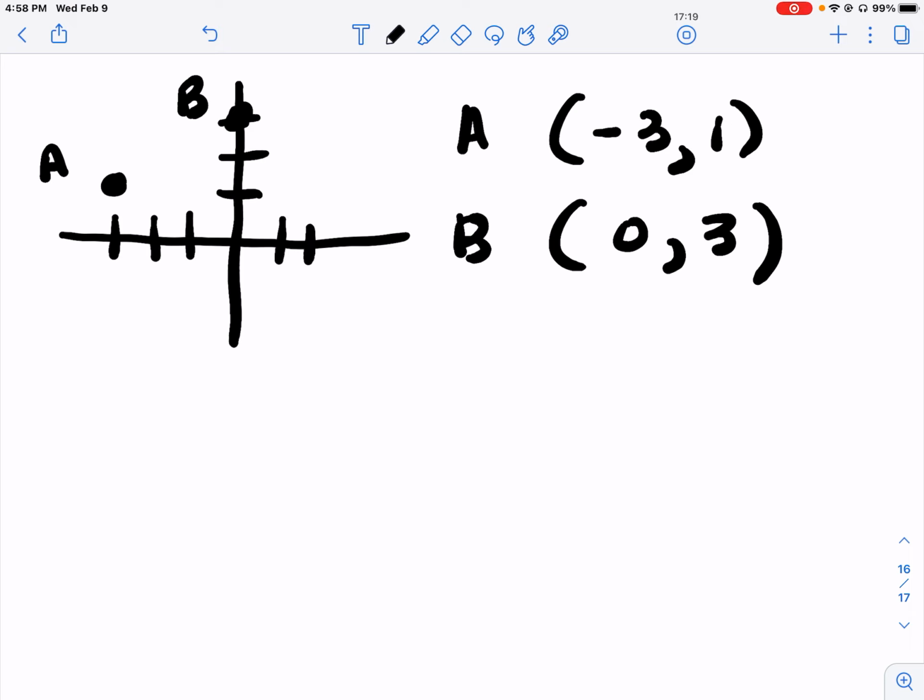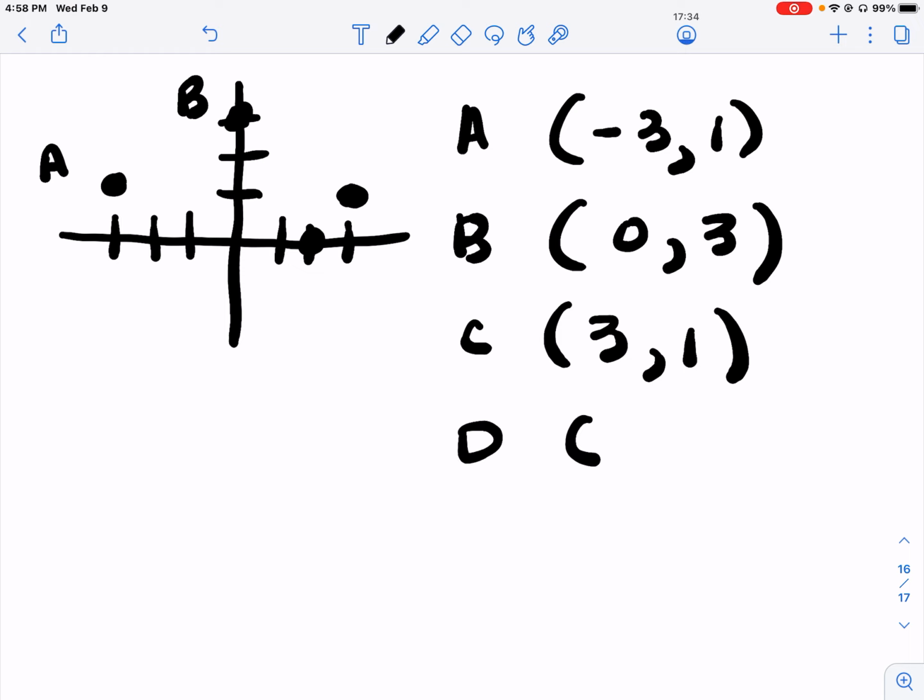Okay. Point C was right 3, up 1. Point D was right 2, up 0. I forgot to label these.